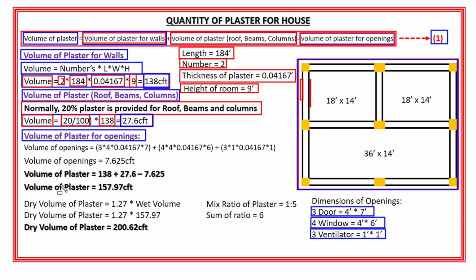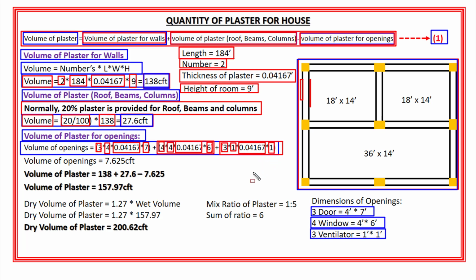Okay. So the volume of plaster for openings is equal to volume of 3 doors, which is 3 multiplied by 4 multiplied by 0.04167 multiplied by 7, plus volume of 4 windows, which is equal to 4 multiplied by 4 multiplied by 0.04167 multiplied by 6, plus volume of 3 ventilators, which is equal to 3 multiplied by 1 multiplied by 0.04167 multiplied by 1.